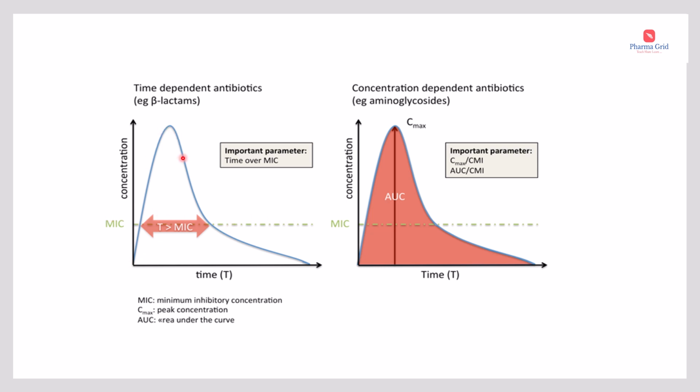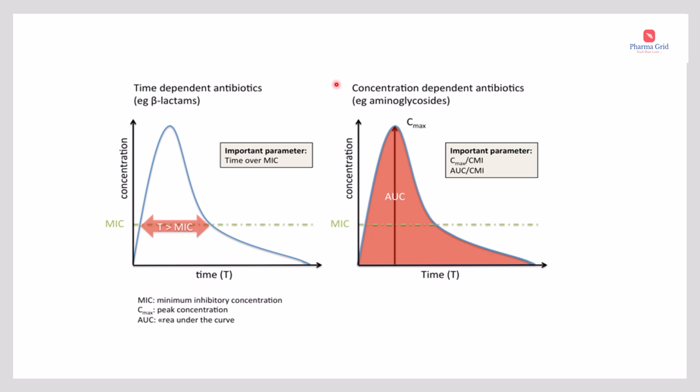In time dependent killing, the drug concentration should be maintained. The higher the time the drug concentration is above the MIC, the higher will be the killing of microbes. More time with the drug concentration above the minimum inhibitory concentration will result in maximum killing of the microbes.